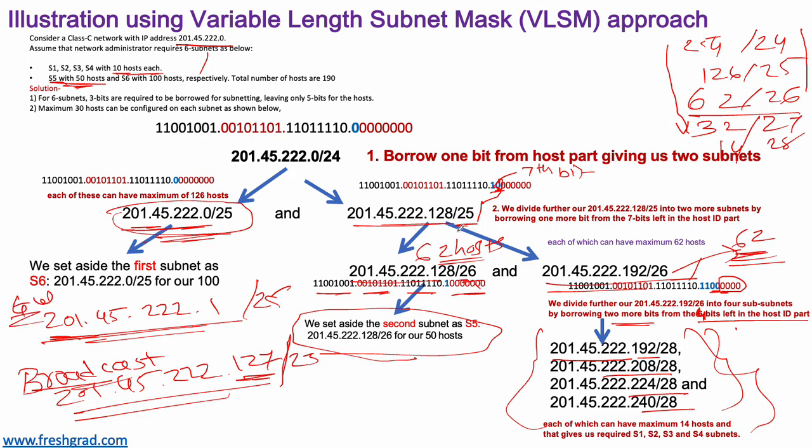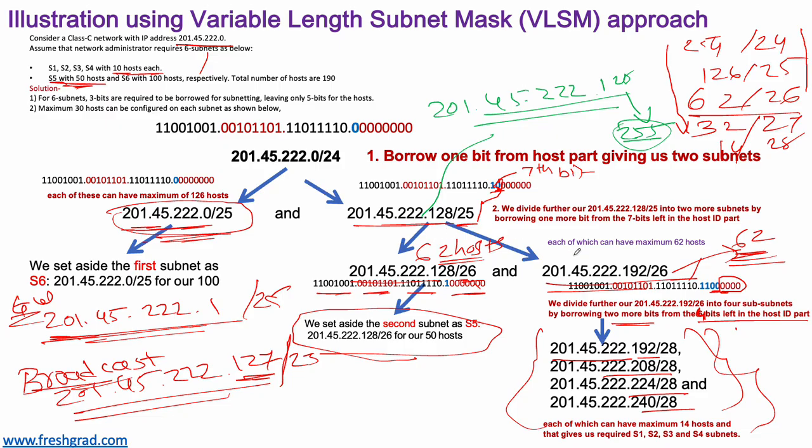And if we talk about this one, what is our subnet mask? The gateway. In this subnet, our gateway would be 201.45.222.128. We can use it as a gateway because it's not zero, right? And our broadcast would be 255.